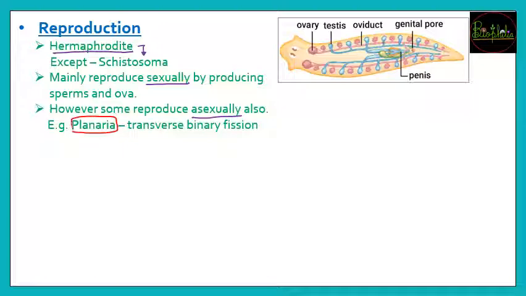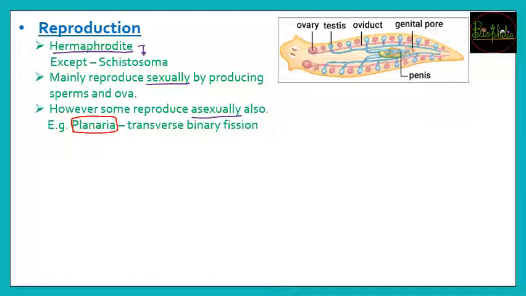This planaria, also called Dugesia, is going to reproduce asexually by transverse binary fission. In earlier classes, in 9th, 10th or even 8th, you must have seen binary fission. So in binary fission the example of planaria might have come up.